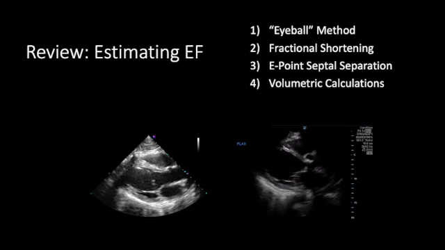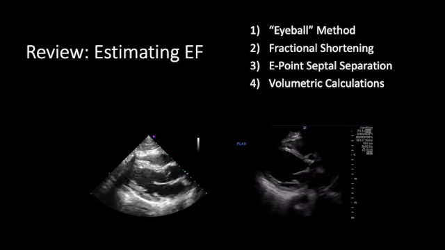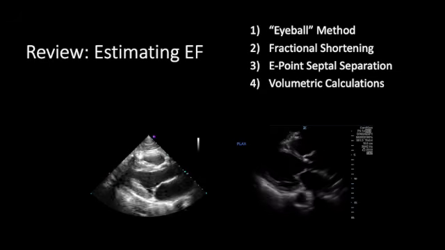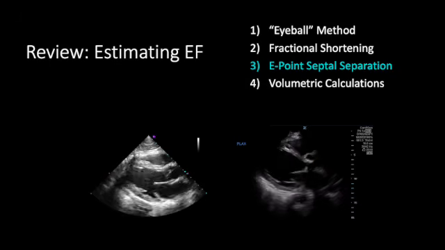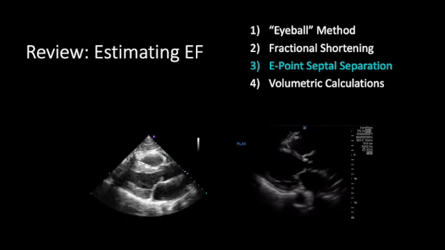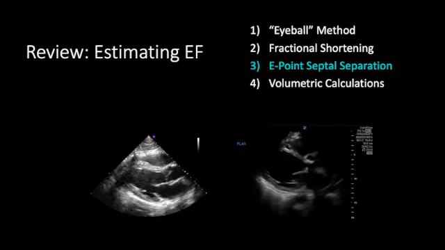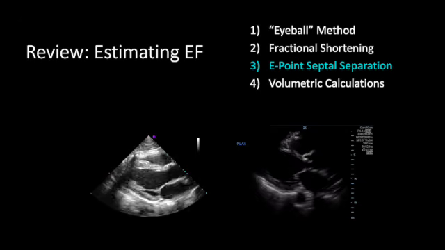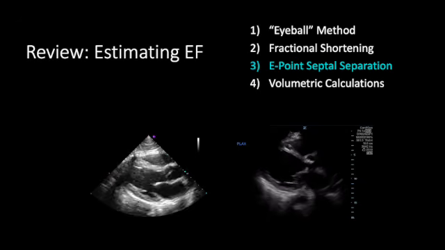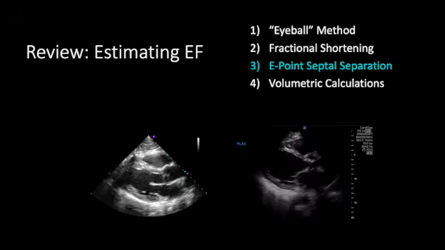And then we've got the E-point septal separation, which is, of course, my favorite child, which I'm not allowed to have of these methods. And then lastly, I introduced you briefly to volumetric calculations, which are ways of calculating the area using a couple of different planes or techniques to then calculate an actual ejection fraction.